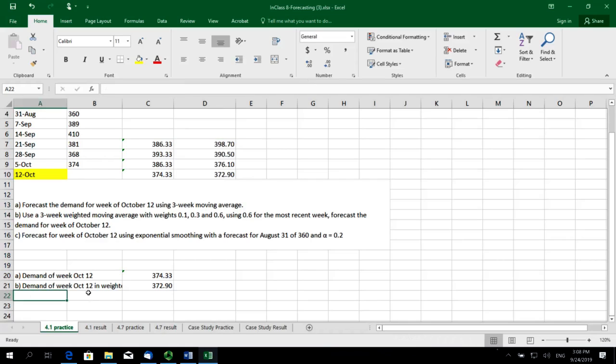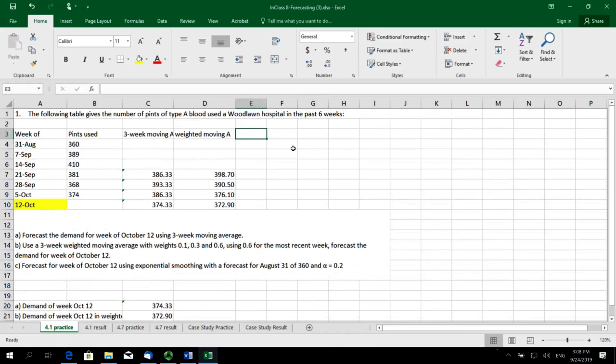Third one, forecast the week of October 12 using exponential smoothing. So the exponential forecast starts from this 360, and we also need to give alpha equals 0.2.